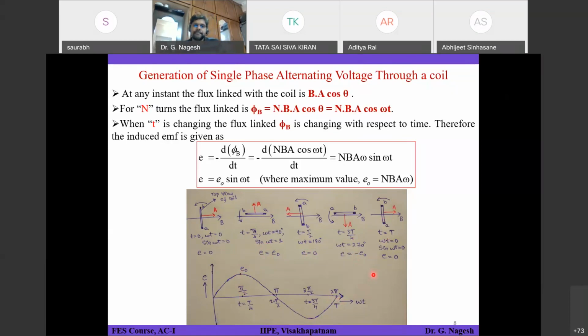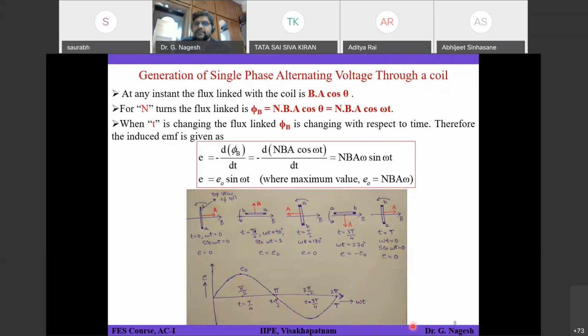That means one complete rotation of your coil, 360 degrees, is converted into equivalent time, which is the total time period T, and at the 4 instants you have T by 4, T by 2 and 3 T by 4. Okay, this is the waveform or the expression for the generated voltage. Clear? So I hope you understand.